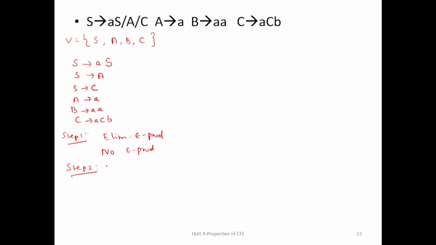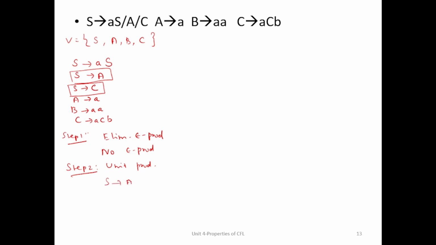Then step 2 is unit production removal. Unit production means if any production contains only one non-terminal at the right side, that is considered a unit production. So S implies A and S implies C are unit productions, and we should remove them.